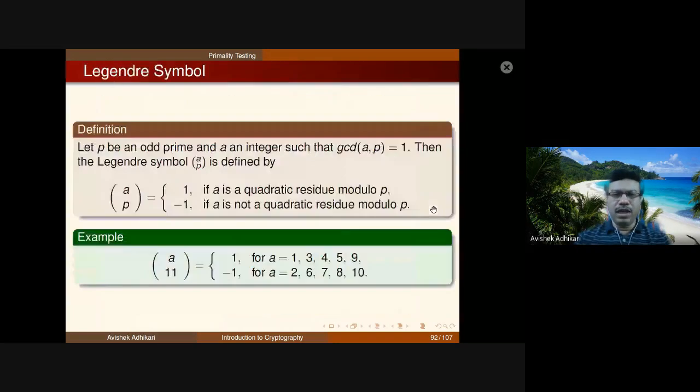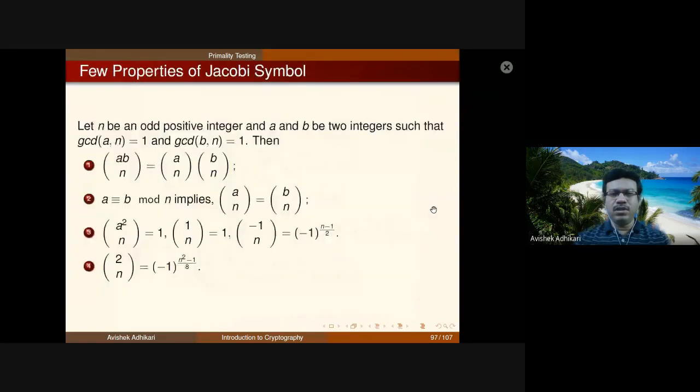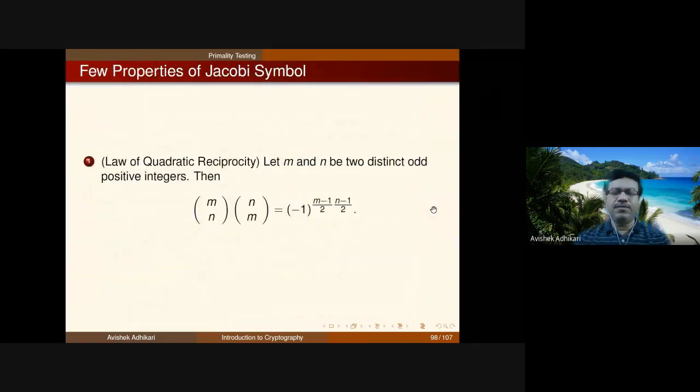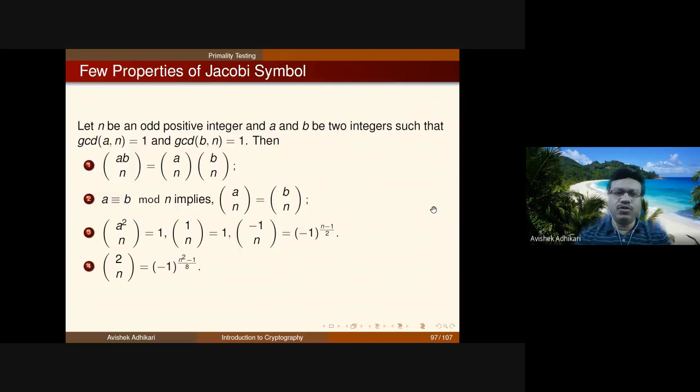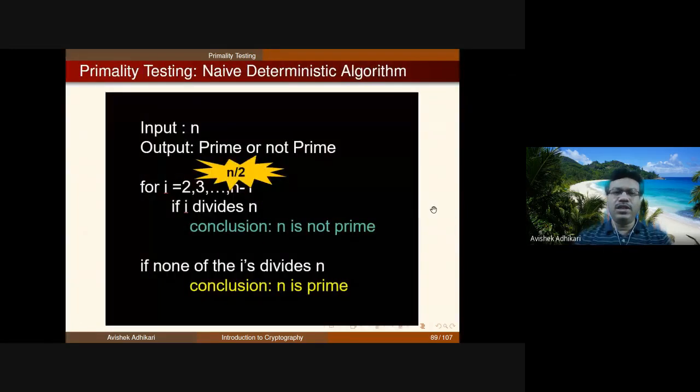So now I come to how to get an efficient algorithm to check whether a number is prime or not, when the number is this big. To understand that, we need to have some probabilistic algorithm. The algorithms that I have just shown you are all deterministic algorithms.